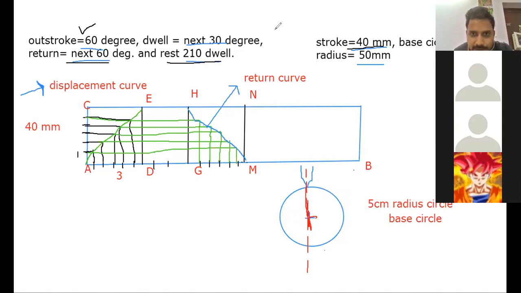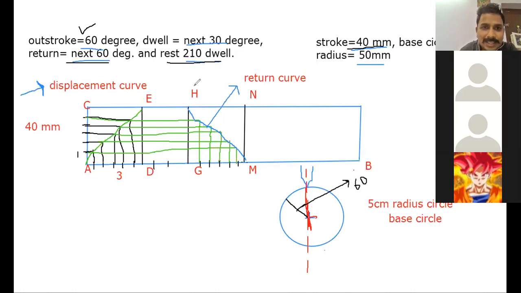Okay, let me take a different color. 0 degrees. I would draw a line here at 60 degrees. Correct. So this angle here would be 60 degrees. Any doubt till here? It would be 60 degrees. No, sir. Correct, because it is given as 60 degrees in the question.